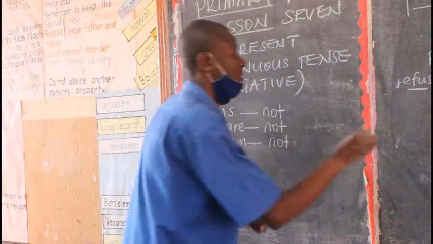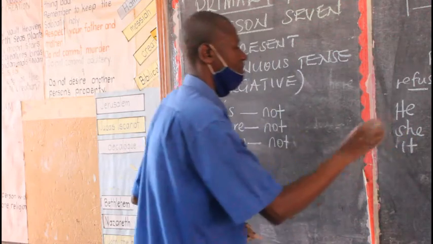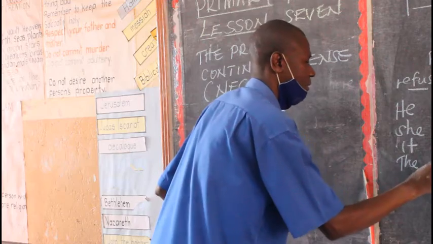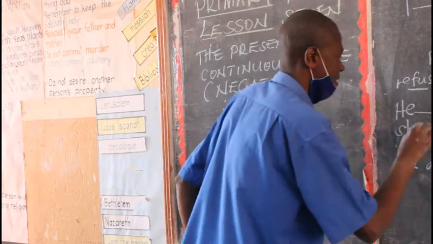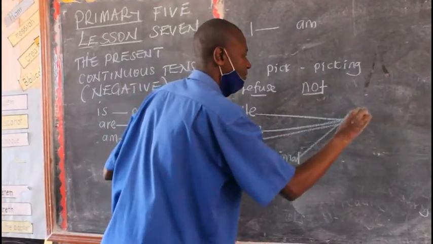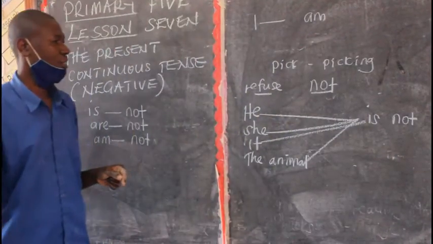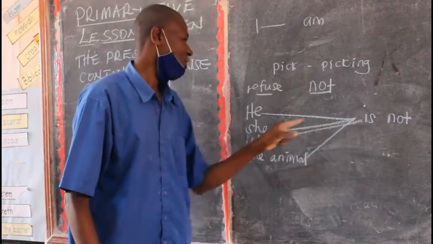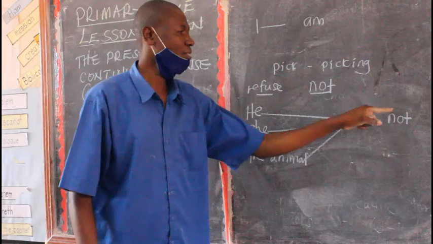Like maybe you can say he, she, it, the animal. We come and use the helping verb is, and then you add the word not. So you will come and say he is not, she is not, it is not, the animal is not.